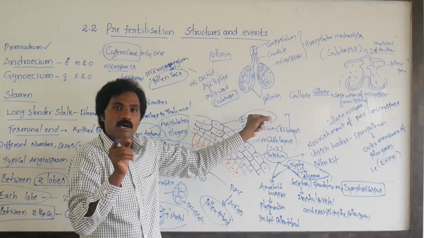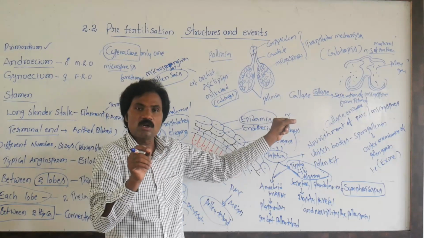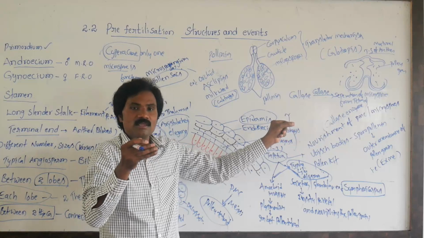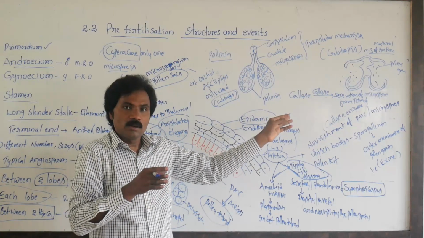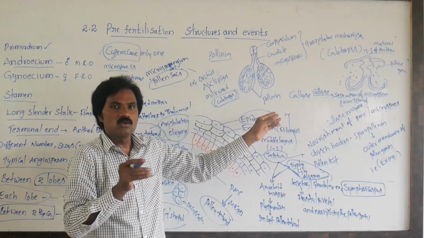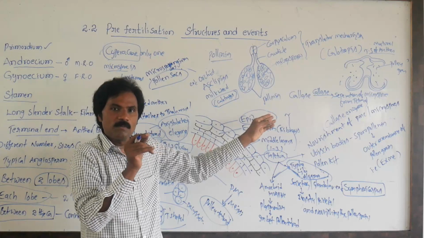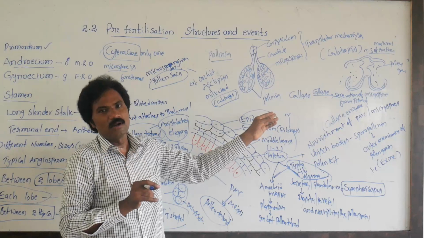What are the parts present in the stamen? What is that slender stalk part? The filament, where the anther attaches. The typical anther we call bilobed.